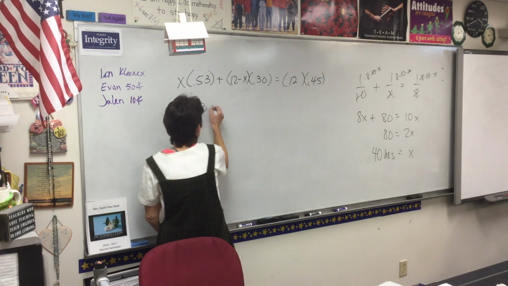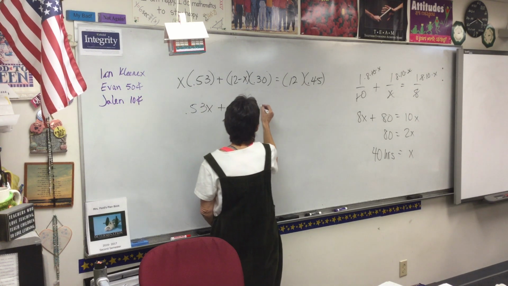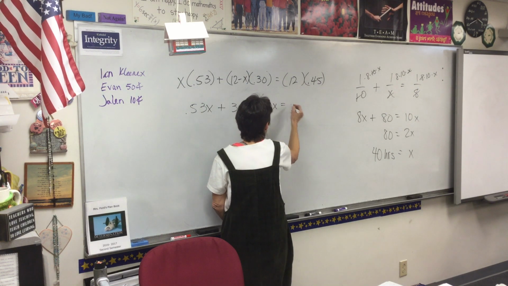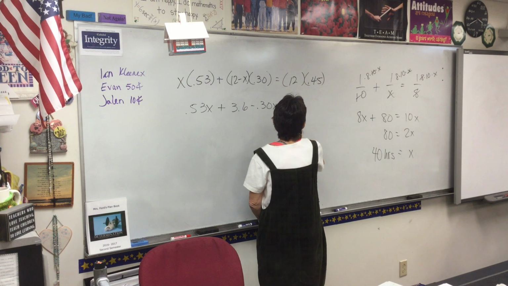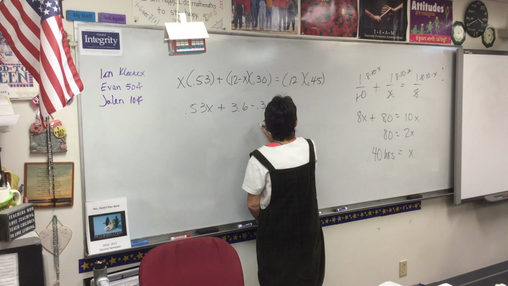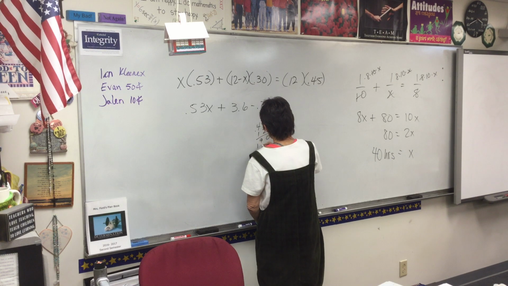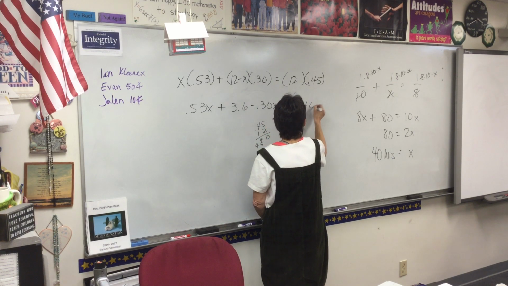So 0.53x plus 3.6 minus 0.30x equals, what is that? I should know that. 540, 5.40.